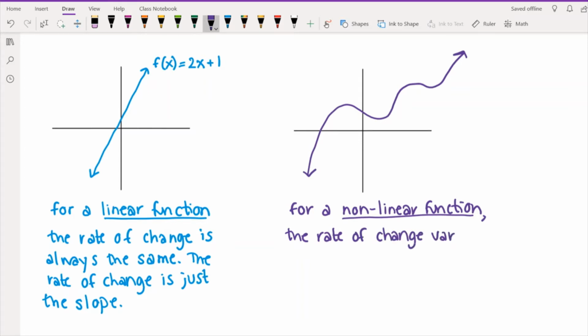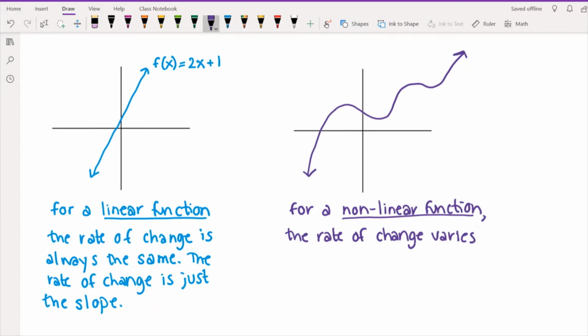Sometimes this function is increasing, sometimes it's decreasing, sometimes it's steeper, sometimes it's less steep. So it's fundamentally different from a linear function. And so in this class, we'll really be focusing more on nonlinear functions, because those are where we're going to really get into the more interesting ideas about rate of change.